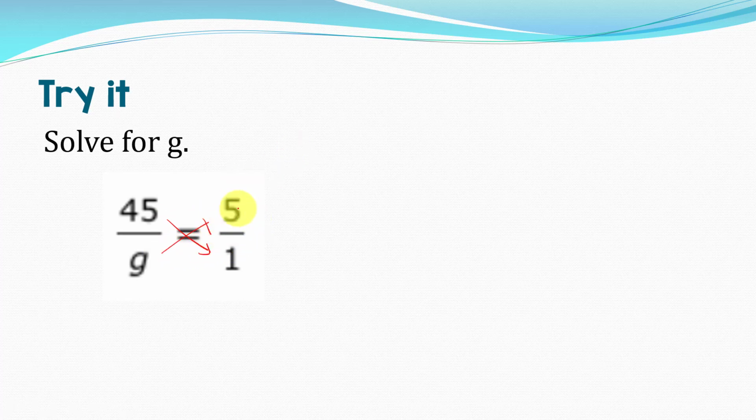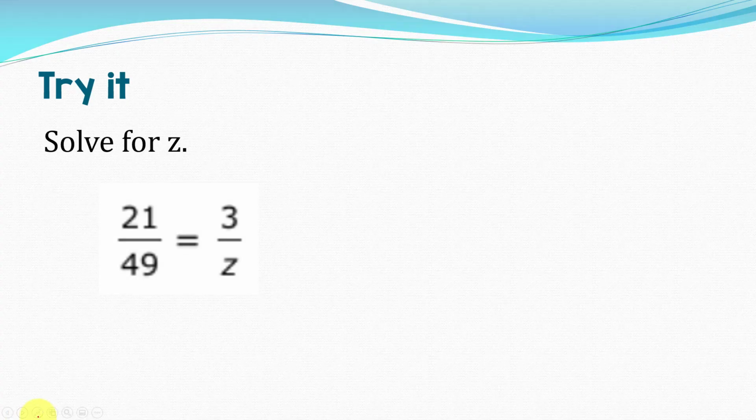So 5 times g, or 5g, equals 1 times 45. Divide through by 5. And g equals 9. 5 goes into 45 9 times. So 45 is to 9 as 5 is to 1. Those would be proportionate.